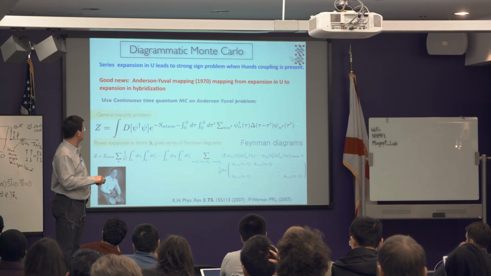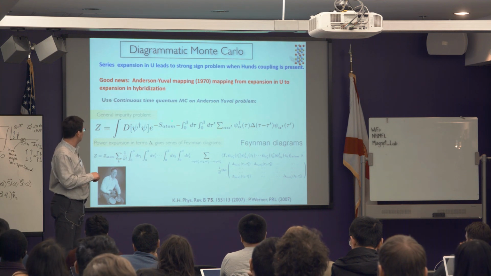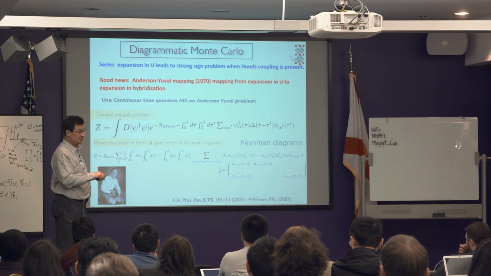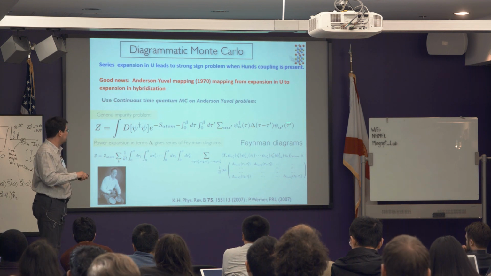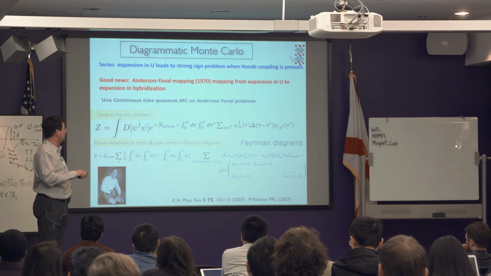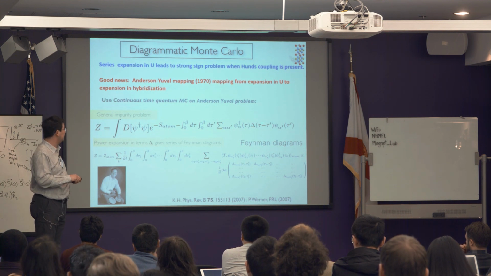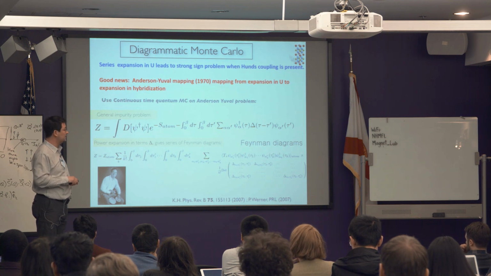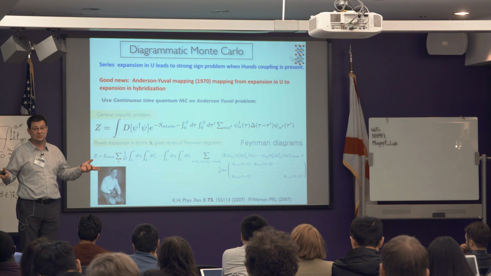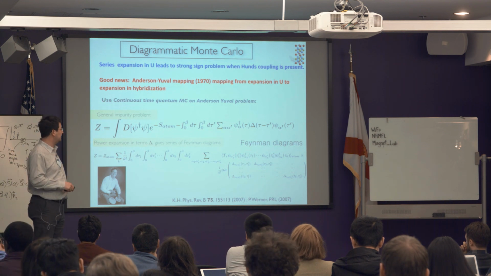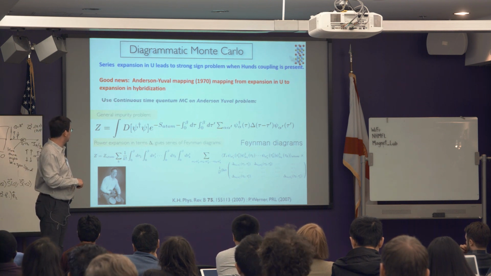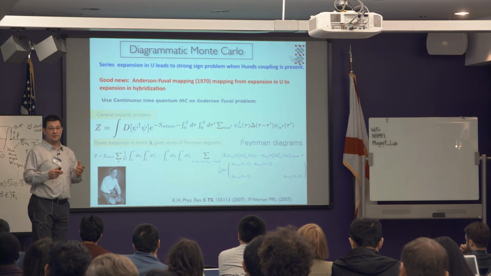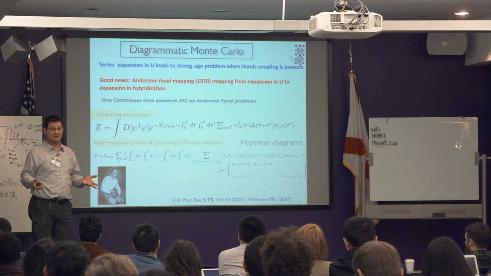You have a generic Anderson impurity problem, where the action has a part for the atom and a part for the hybridization, where the electron can hop off or on this particular site. Then you expand with respect to this hybridization, a power expansion, and this generates some Feynman diagrams. You can draw them if you want to. But in reality, we just sample all those Feynman diagrams with Metropolis sampling, and that's extremely efficient.